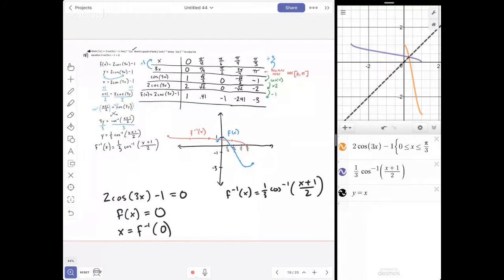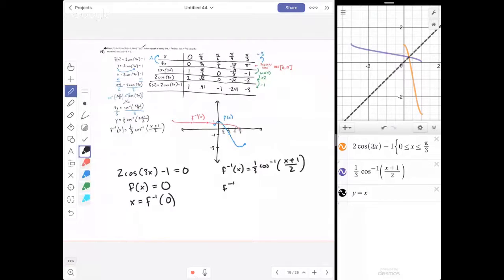So that means I'd like to know what is f inverse of 0, which is 1/3 cosine inverse of 0 plus 1/2, so 1/3 cosine inverse of 1/2. The inverse cosine of 1/2 is the angle for which the cosine is 1/2, which is pi/3.